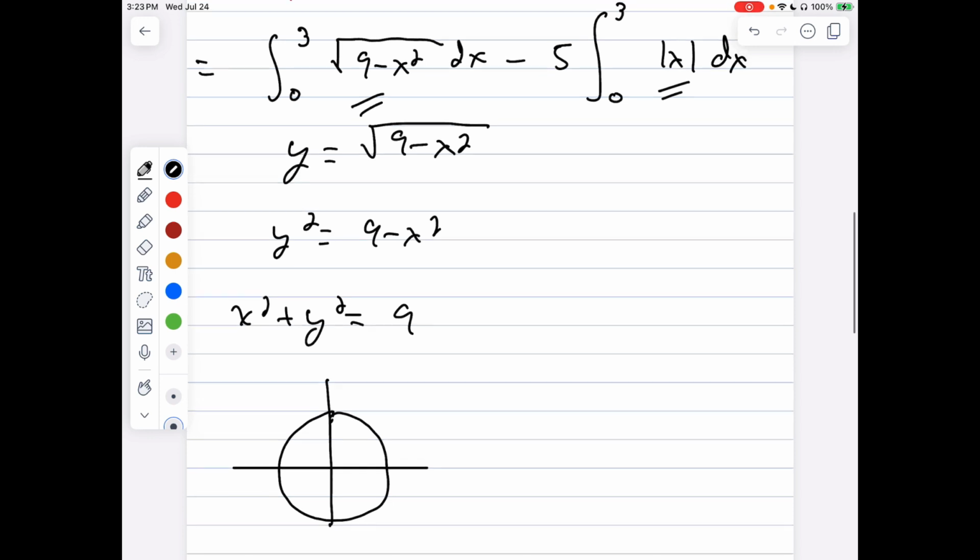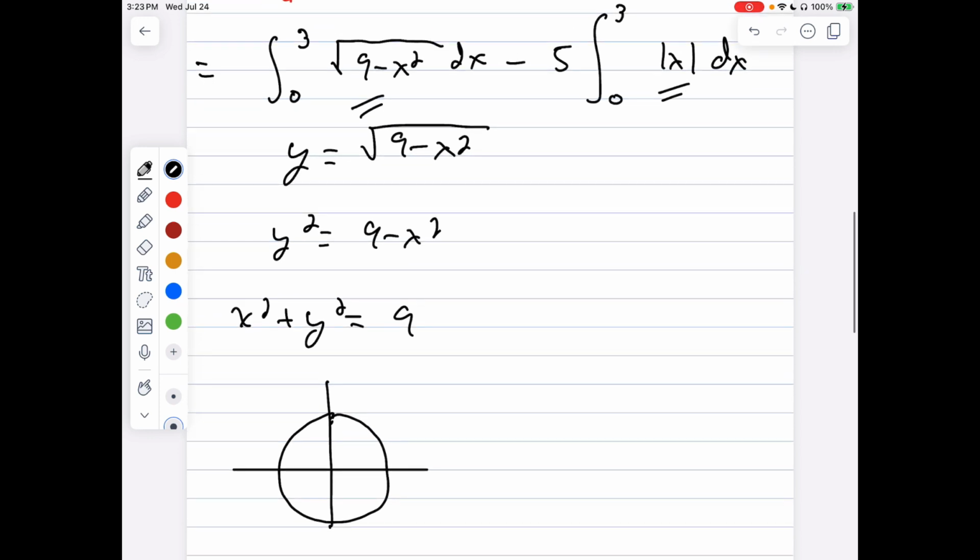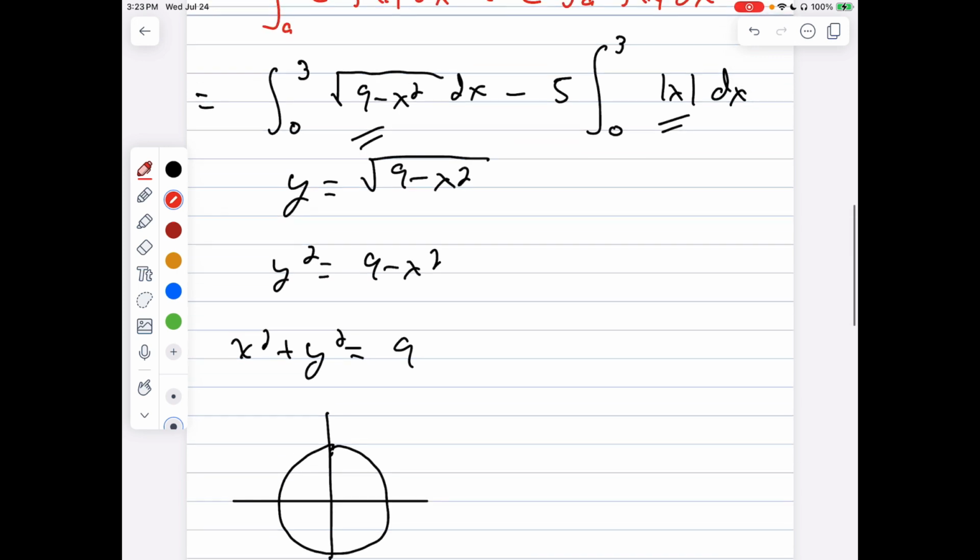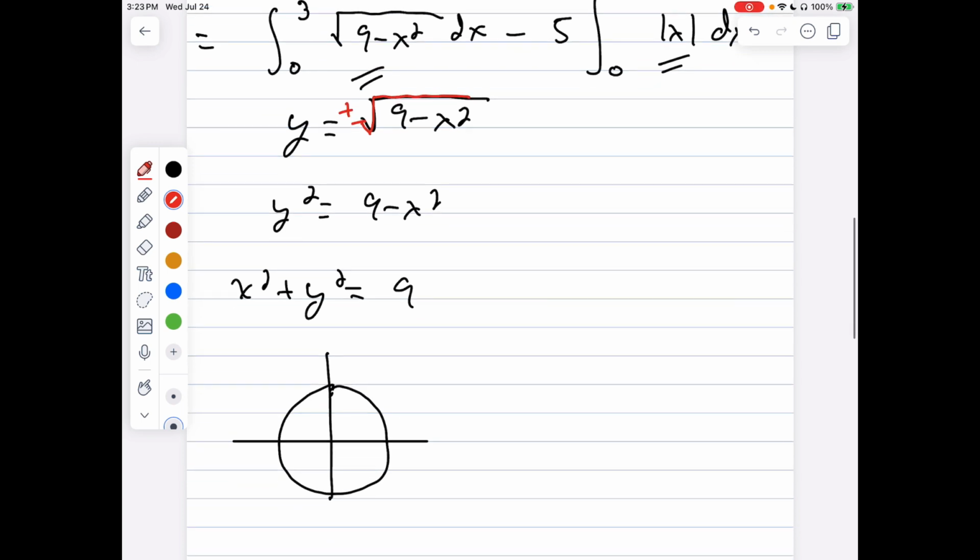Furthermore, we're only looking at the top half of the circle. Why? Because y equals the square root of that, and there's no sign, so it's positive. The only things that come out of a square root are positive numbers, so you're only working with this top half.